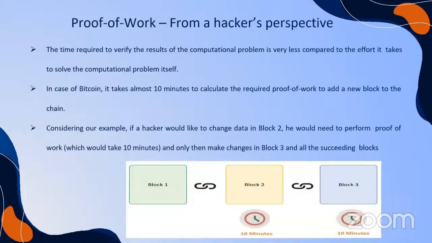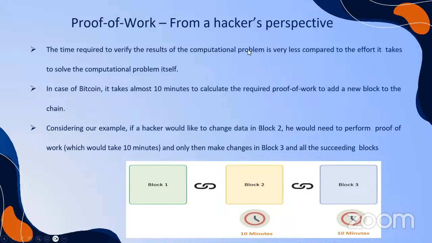So we have discussed proof of work from the hacker's perspective. As already discussed, the time required to verify the result of the computational problem is very small compared to the effort needed to solve the problem itself.